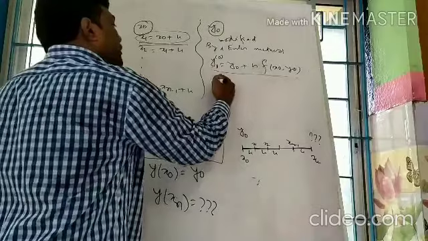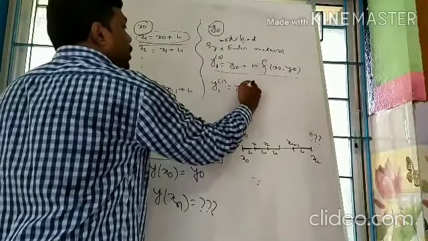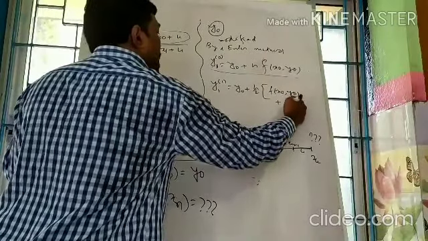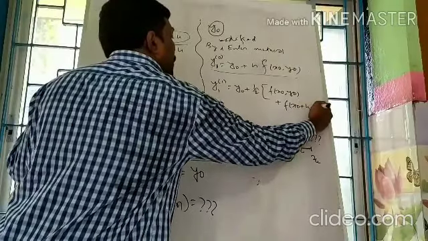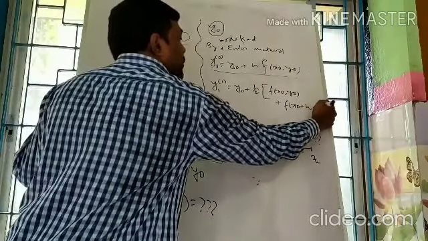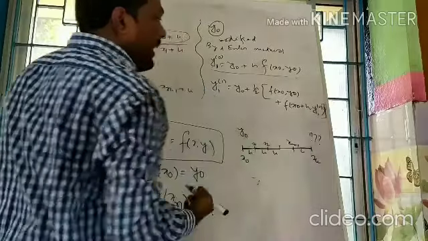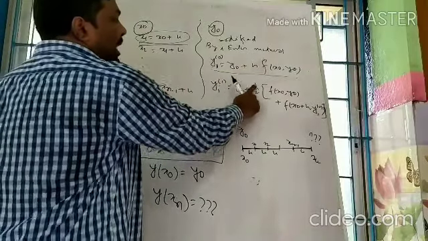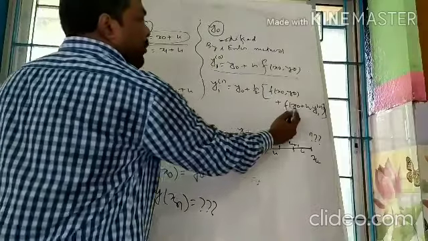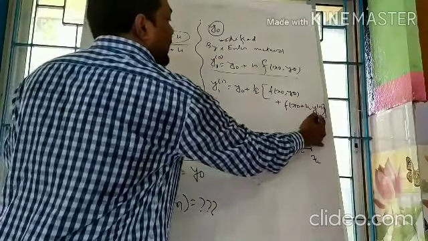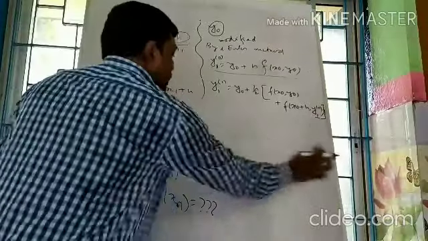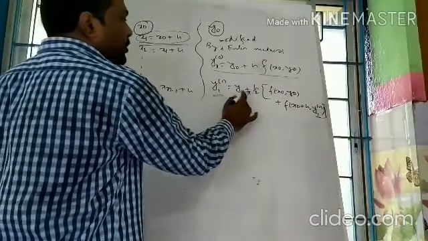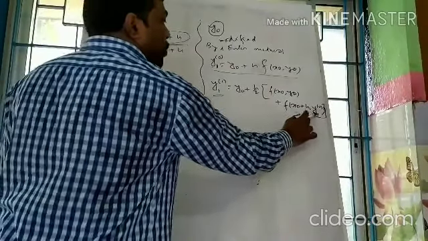Then the first approximation of y1, y1(1), equals y0 plus h by 2 times [f of x0, y0 plus f of x0 plus h, y1(0)]. This is the first approximation of y1.